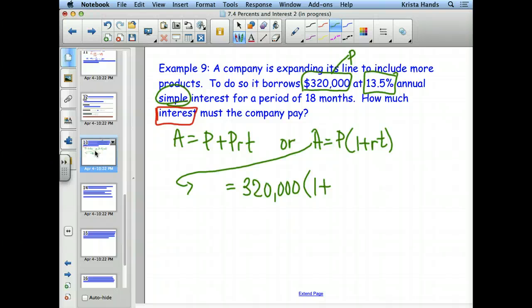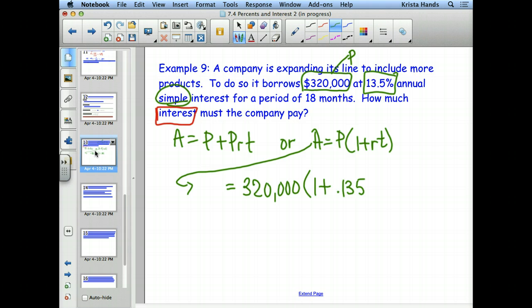As a decimal, and what's my decimal, Heather? You want it to be? Close. It's not 1.35. What would it be? 0.135. Remember, we would move the decimal 2 places to the left to turn it from a percent into a decimal form of that same number.